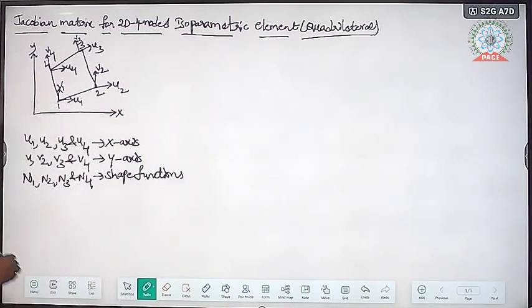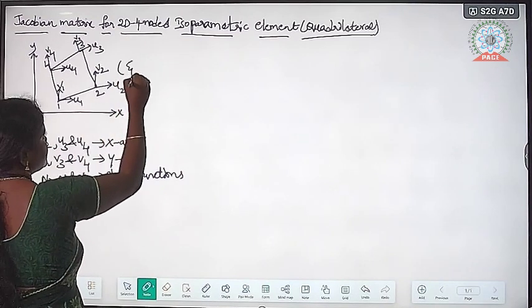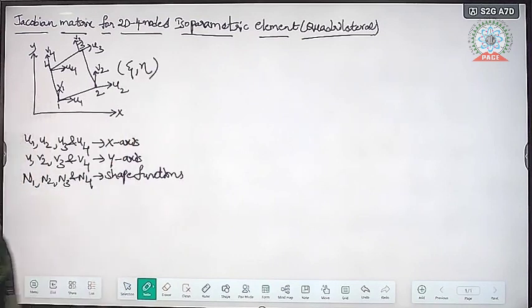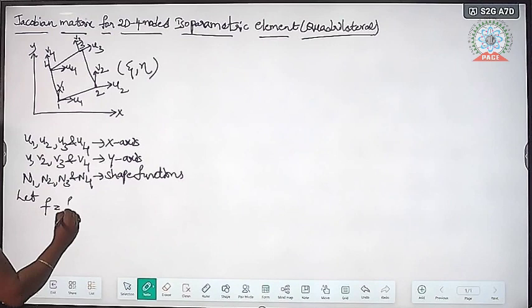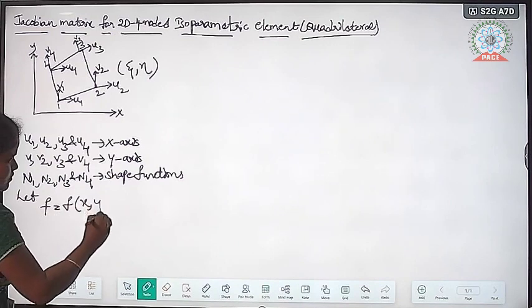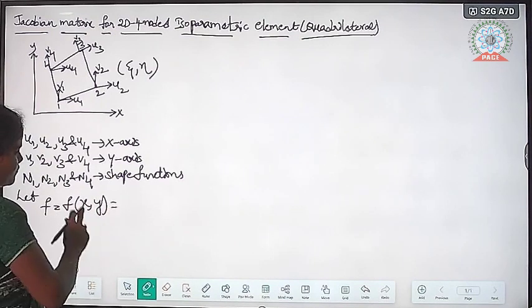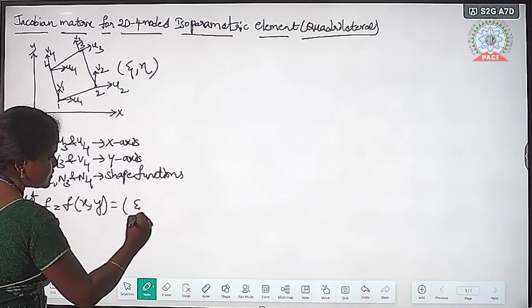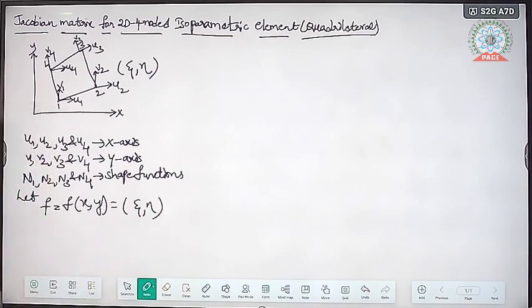For deriving the Jacobian matrix, we take x and y as the parameters, and for x and y we take xi and eta as the parameters. So let f be equal to f of x, y. For x comma y, we take xi comma eta as the parameters.